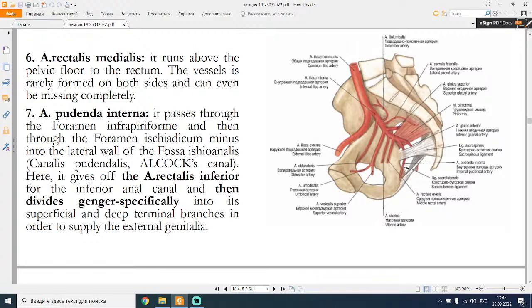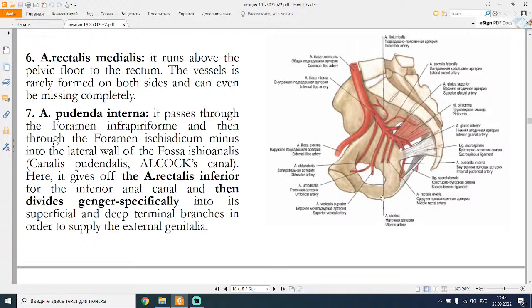Next, arteria pudenda interna. It passes through the foramen infrapiriforme and then through the foramen ischiadicum minus into the lateral wall of the fossa ischioanalis.